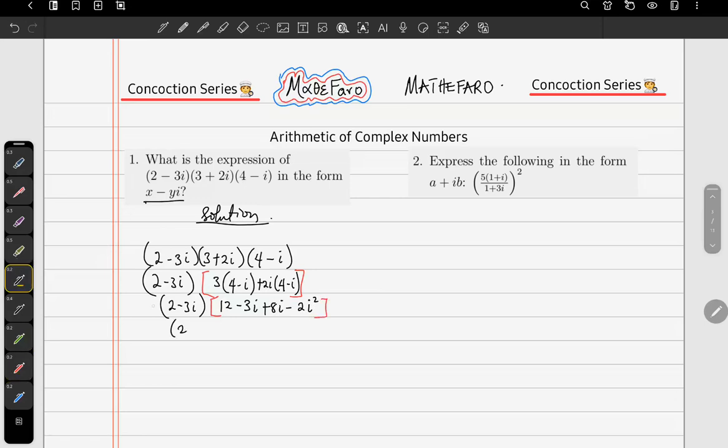And this is equal to 2 minus 3i, then 12, the negative 3i plus 8i will give us plus 5i, and we know that i squared is equal to -1, so 2i squared will be minus 2, then negative of minus 2 is plus 2. So this gives us 2 minus 3i, and 12 plus 2 is 14, so we have 14 plus 5i.